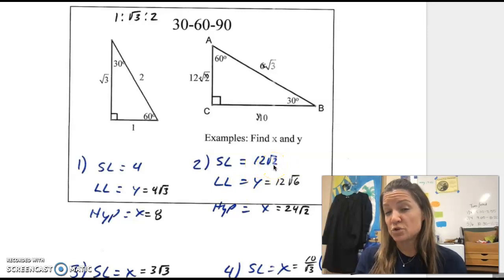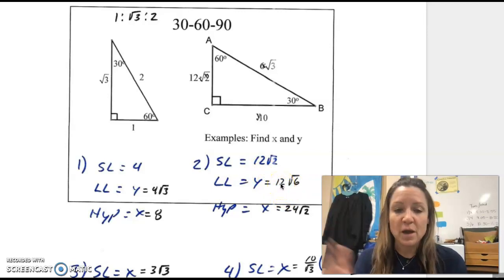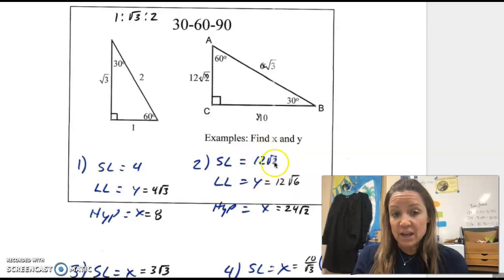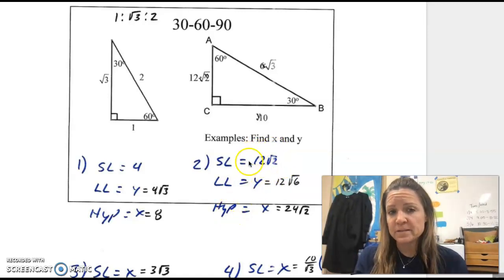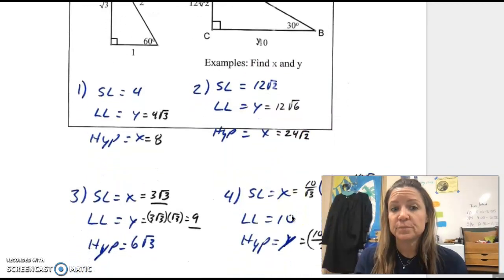So square root of 2 times the square root of 3 is the square root of 6. You multiply the 12 by 1, but you don't multiply it by anything else. To get the hypotenuse, you want to double that. So 2 times 12 rad 2 is just 24 rad 2.